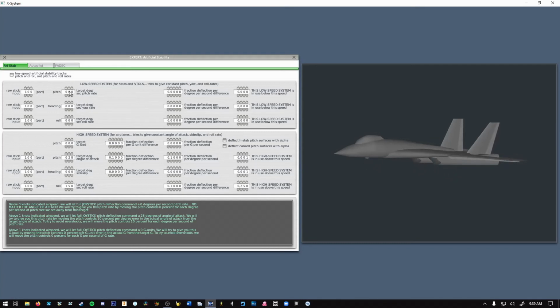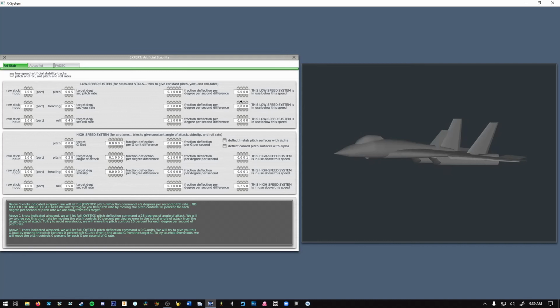I'm going to say that I can command 5 degrees a second of pitch rate here, maybe 5 of yaw rate, and let's say 45 for roll, just so it's easier to handle on landing. And again, same values here, 0.1 or 0.05. I'm going to go with 0.1 just because I know that's what works with this aircraft.